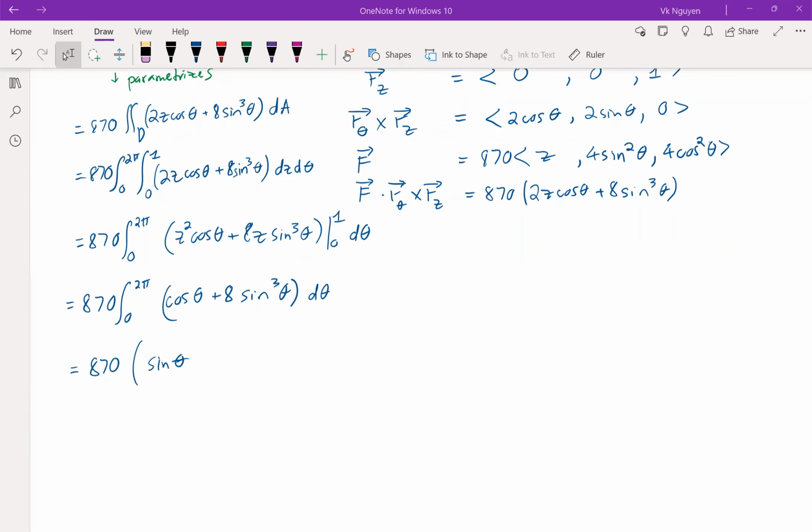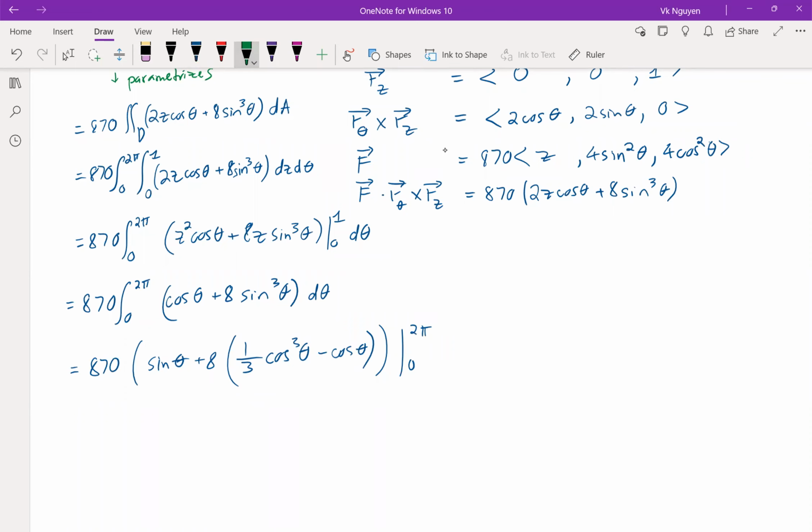You have a table, that would be nice because you can look at the table of integration. We're going to save time here: 1 over 3 cosine cubed theta minus cosine theta, from 0 to 2 pi.